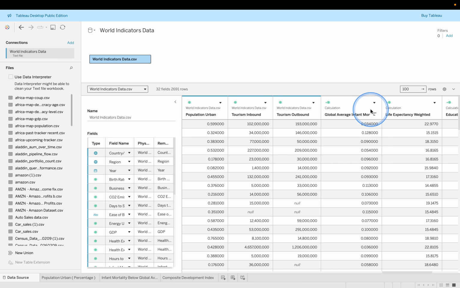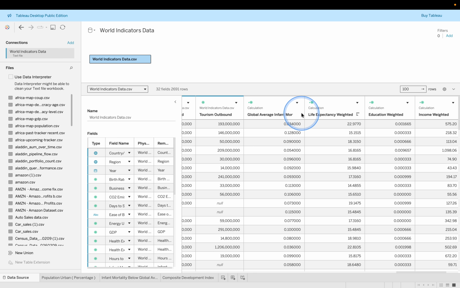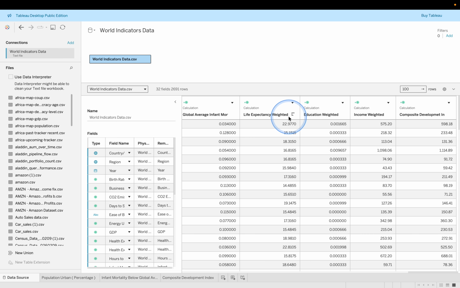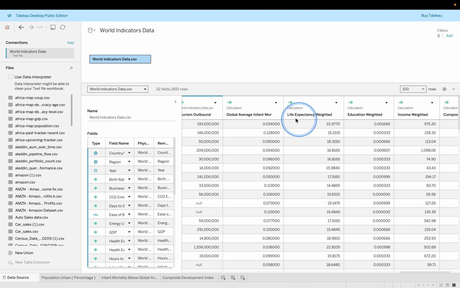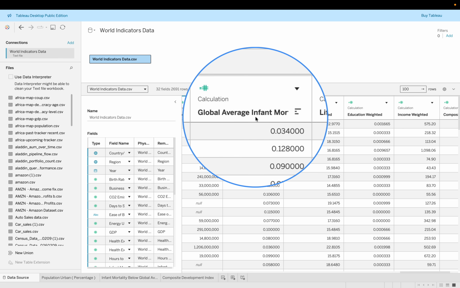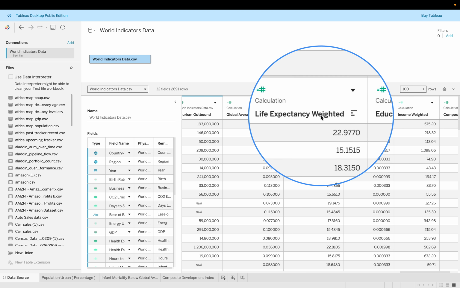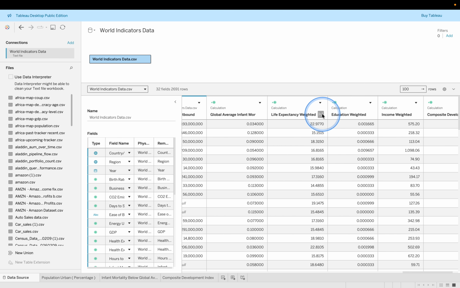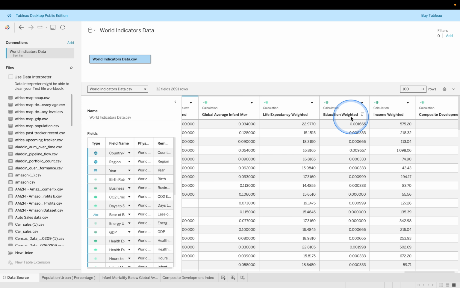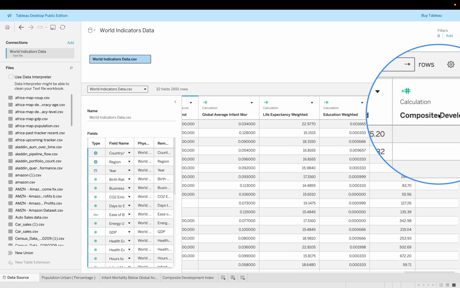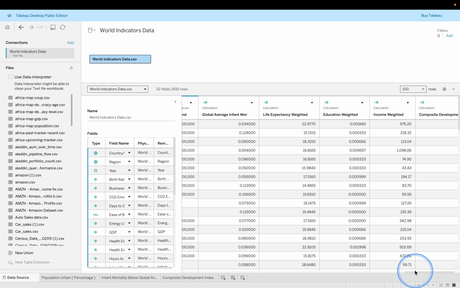We have six calculated fields that we created, which are global average infant mortality rate, life expectancy weighted, education weighted, income weighted, and composite development index.